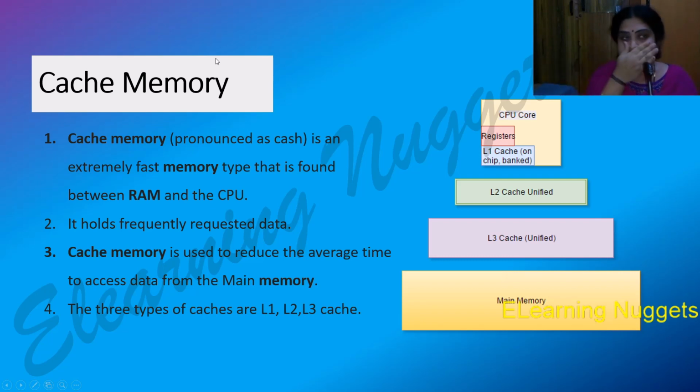Now coming to the last part of our memory, you have your cache memory. See, cache memory is a high speed memory which is found between the main memory and the CPU. Okay, so what is the main use of cache memory? See, cache memory is mainly used because every time the CPU has to go up to the memory to seek information.